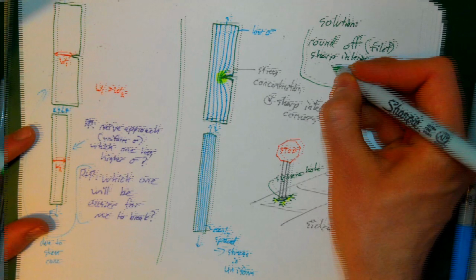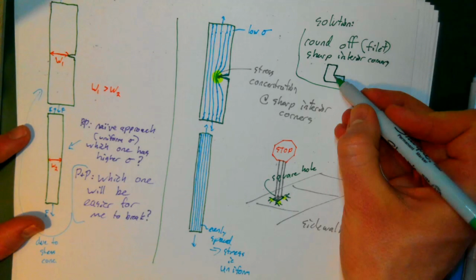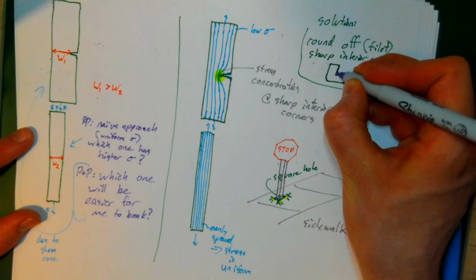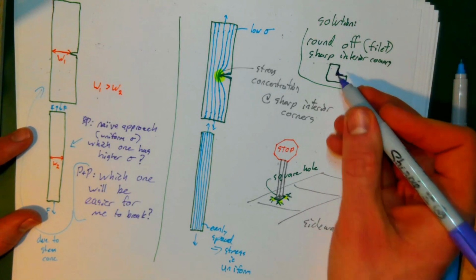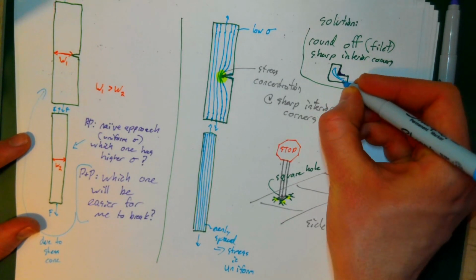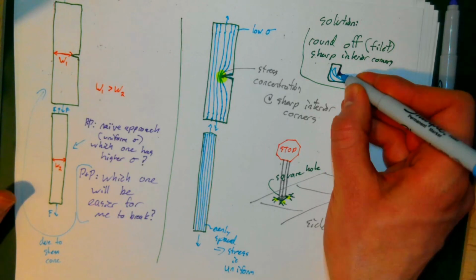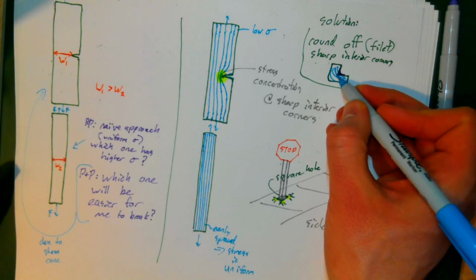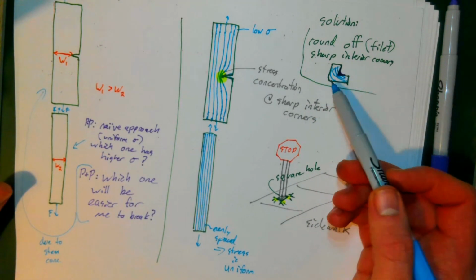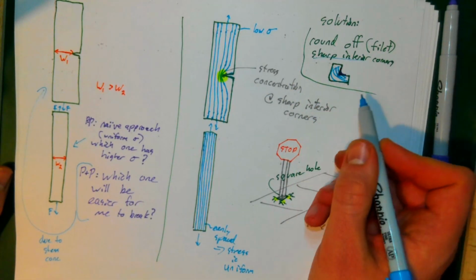Right, so for example, if I had some piece that looked like this, instead of having a sharp corner right here, what I would do is have some material that bridges and fills in that gap right here to allow stress to round that bend more easily. So instead of having a sharp corner right here where all the stress bunches up, it can now all pass smoothly around the corner. So if you're designing parts to be injection molded or 3D printed or whatever, you want to make sure to avoid having sharp interior corners in your design.